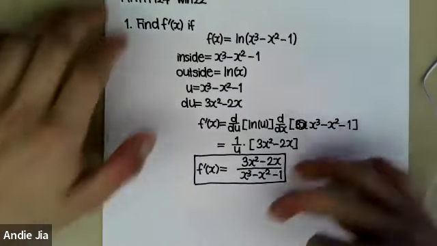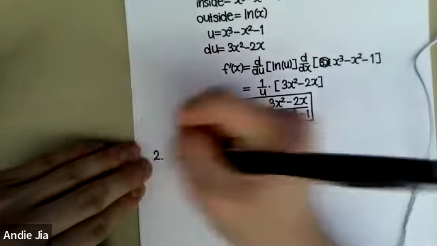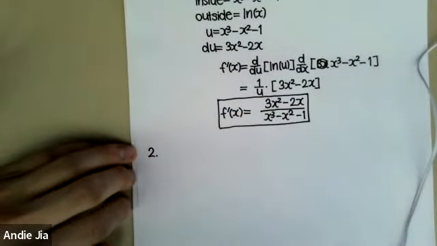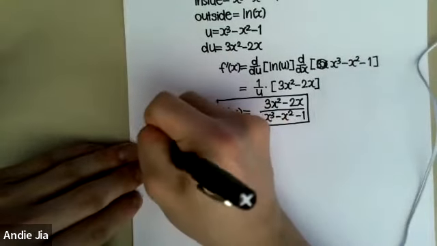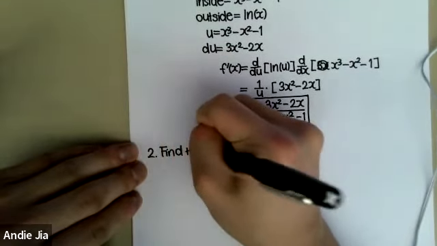And number 2 is another derivative question: find the slope of a tangent line.